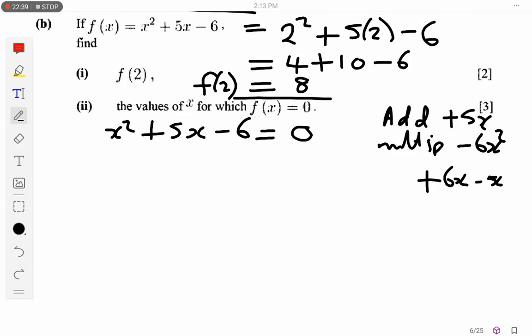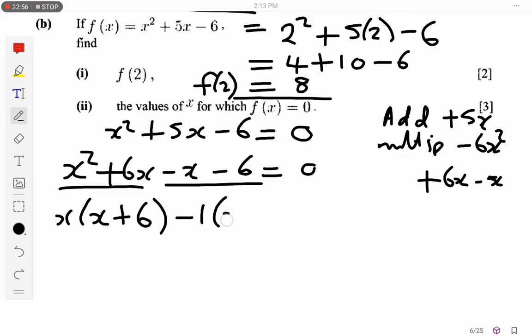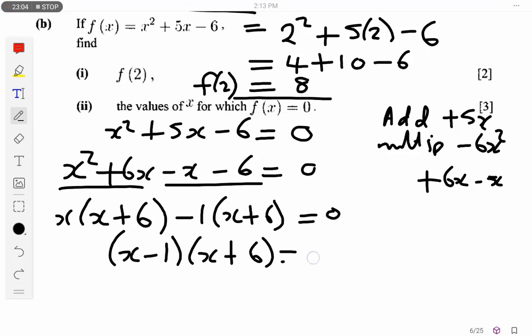So this becomes x squared plus 6x minus x minus 6 is equal to 0. Common factor for that, I've got x. I'll remain with x plus 6 here. Minus here, a 1. I have x plus 6 here is equal to 0. So I have x minus 1 and x plus 6 is equal to 0.